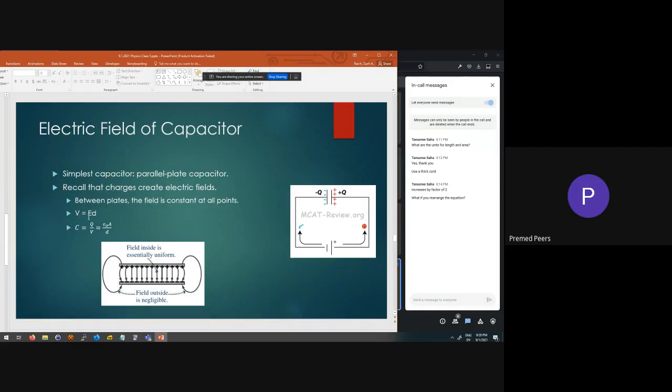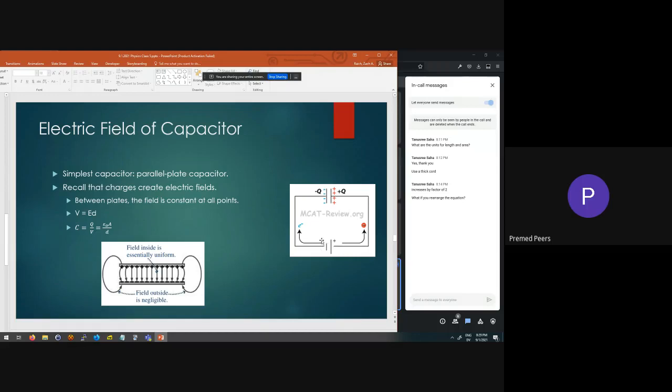Electric field. So remember I said that capacitors work by putting charge on plates that are very, very close together but still separated apart. So you can see in this picture here, I have this battery, and then I put this in the circuit, the capacitor. So remember, the electrons are actually coming out of the minus end here.